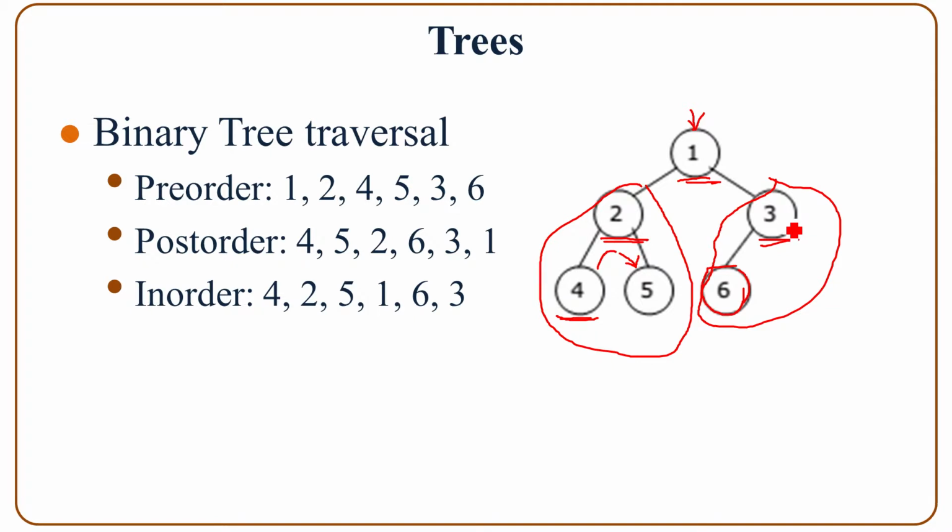And because node 3 doesn't have any other child, once we are done with 6, we are done with the whole right subtree. Then you can write the order of visiting: 1, 2, 4, 5, 3, and 6, which is actually what we have gone through.